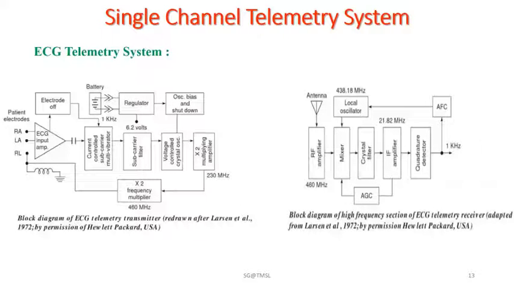The ECG signals are picked up by three pre-gelled electrodes, amplified, and used to modulate the 1 kilohertz subcarrier frequency, which in turn frequency modulates the ultra high frequency carrier signal. The resulting signal is radiated by the electrode lead right leg, which serves as the antenna, as you can see here in this picture.